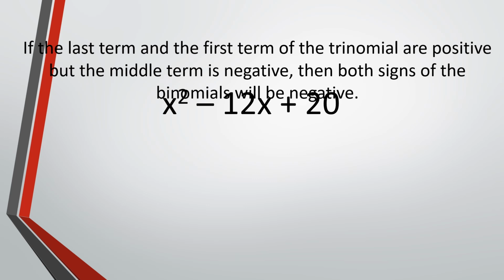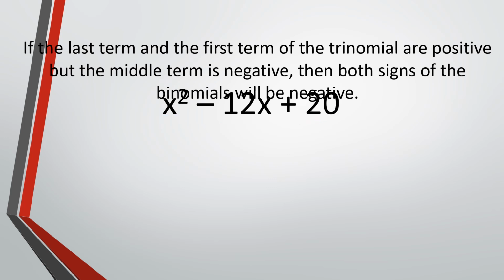According to the rule, if the first and the last are positive and the middle sign is negative, both signs of the binomials will be negative. Let me erase this.